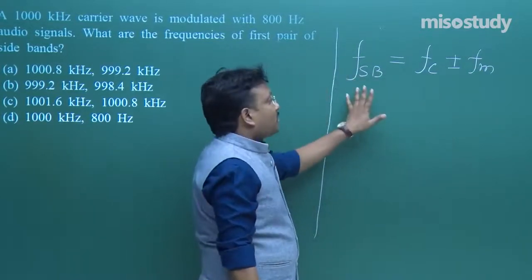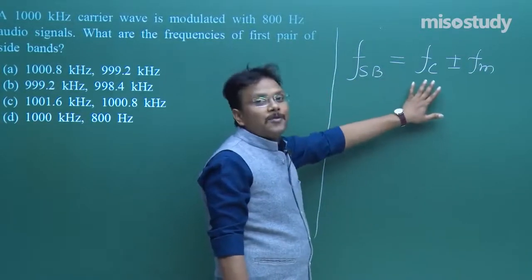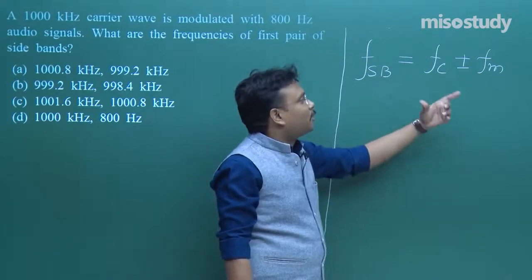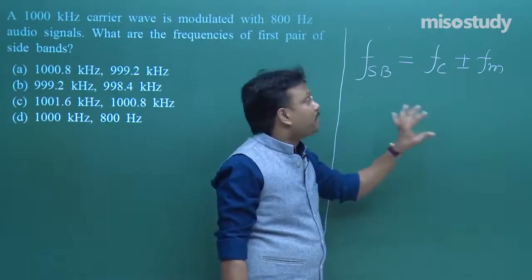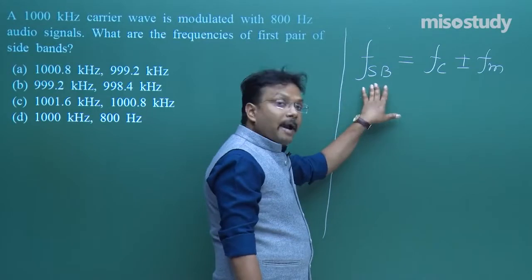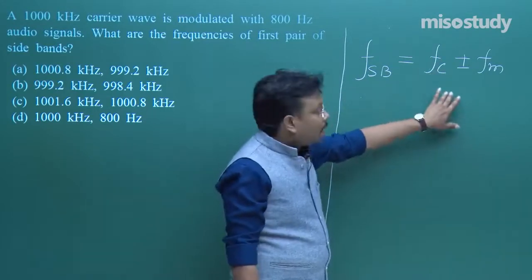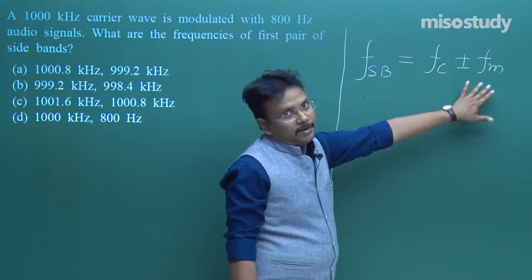Once again, this formula is very simple. The frequency of the side band is the carrier wave frequency plus or minus the modulated wave frequency.